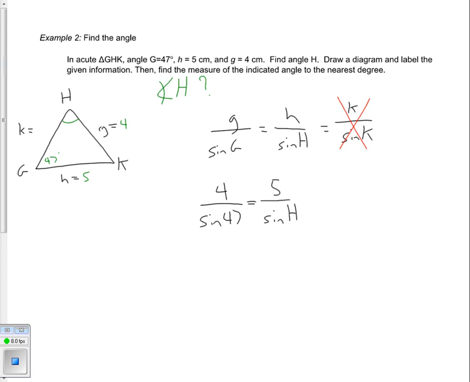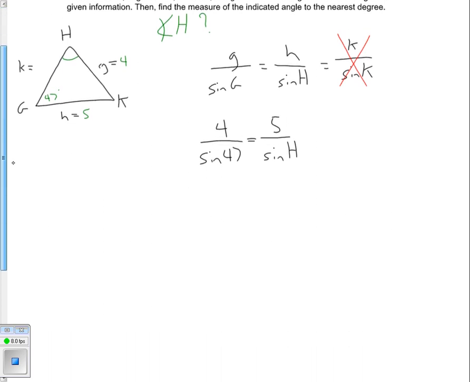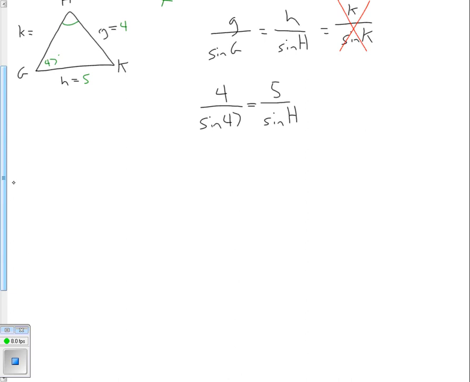So just like we've done multiple times, we have a proportion that we can use by solving with cross multiplying. We're trying to find out what sine H is going to be. So when we cross multiply, we end up with 4 times sine H, which is going to be equal to 5 times sine 47.